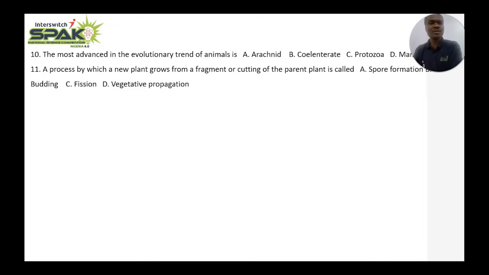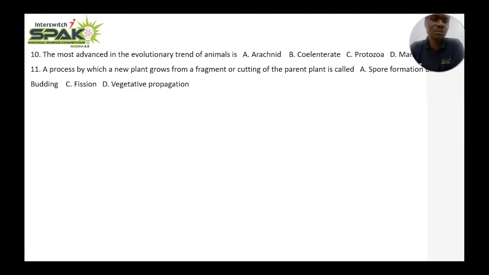The next question says, a process by which a new plant grows from a fragment or cutting of the parent plant is called that. Is it spore formation? No. Budding, where an outgrowth develops and grows up and can be detached?